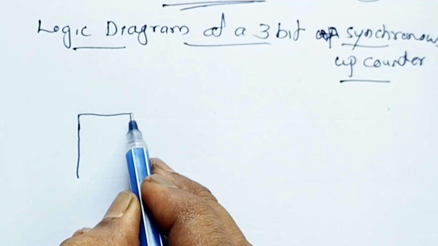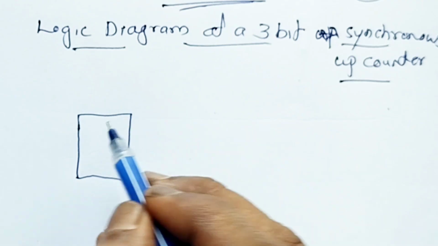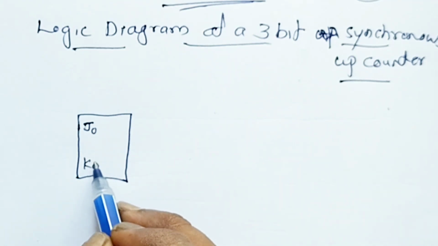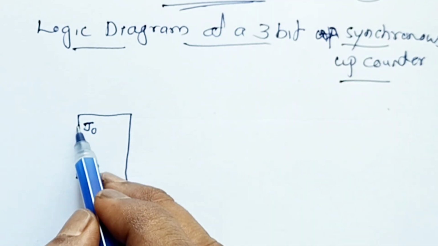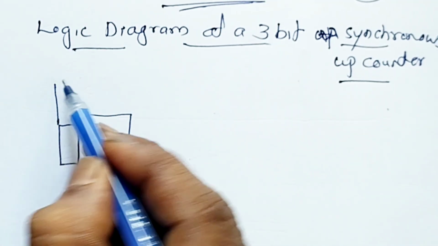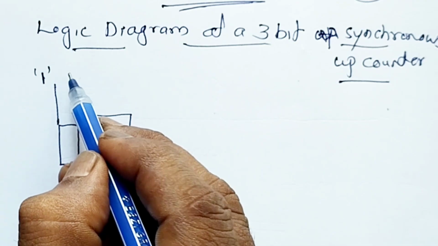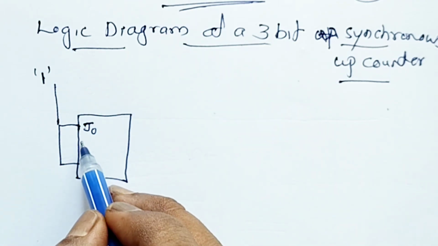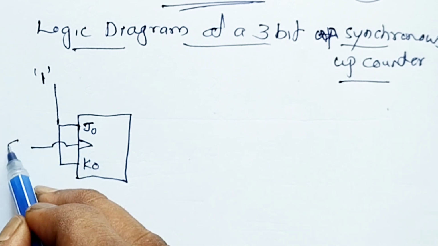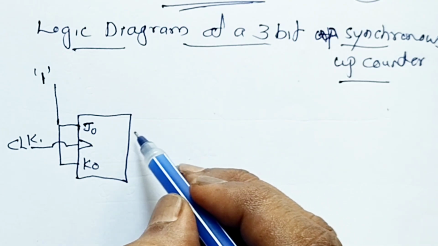Let's proceed with the block diagram. Here we will be able to find it's a synchronous counter, so we need to give the clock pulses together to all the flip-flops. To start with, let's connect the inputs. J0 K0 equal to 1, so it is connected to 1, and clock is given, CLK, and Q0 and Q0 bar are the outputs.